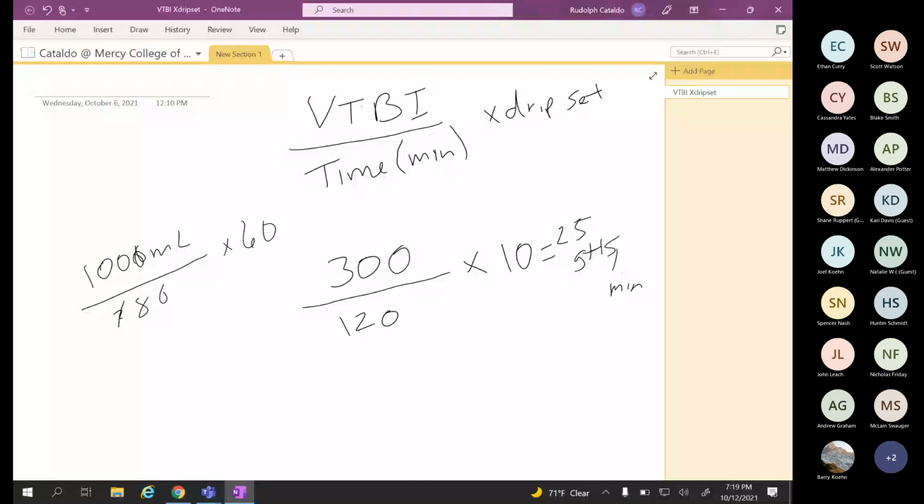It doesn't matter that it's a medication. They're still asking me to give it over a certain period of time. So 1,000 divided by 180 is 5.5 times 60 equals 333.3.